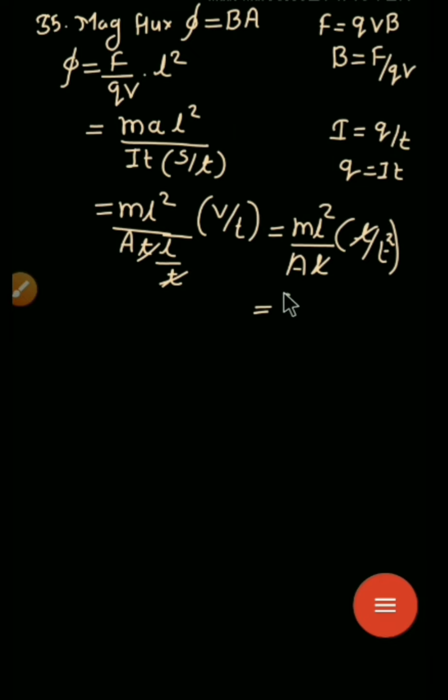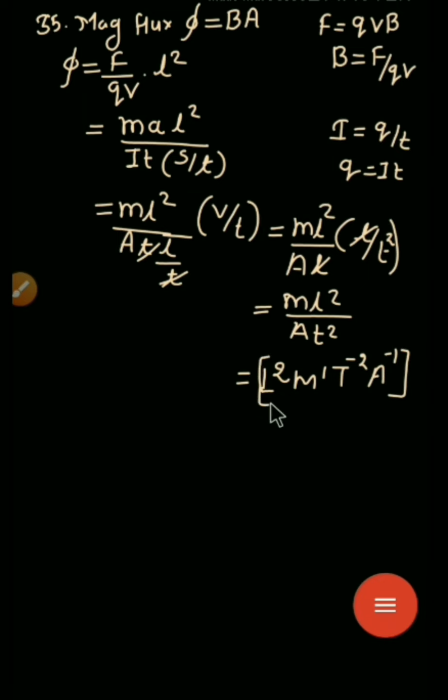Mass, M L square, A T square. If we solve this, we'll get here L to the power 2 M1 T minus 2 A minus 1. So this is the dimension of magnetic flux.